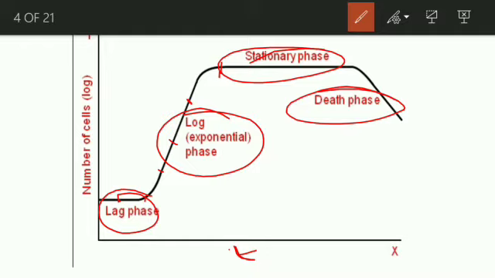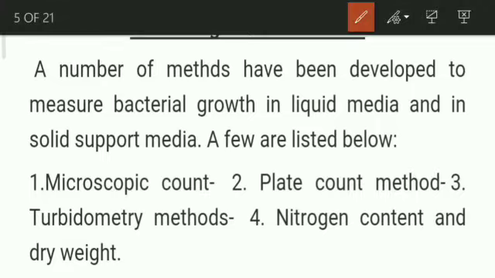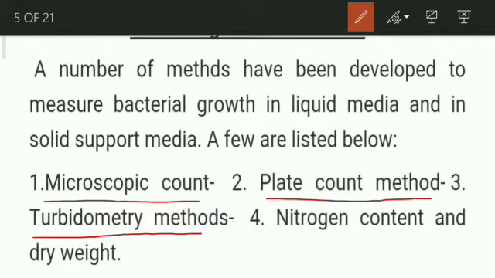So now, in order to measure the bacterial cell number, there are several methods available. Let us see what those methods are. One is microscopic count, another one is plate count, turbidimetric methods, nitrogen content, and dry weight.